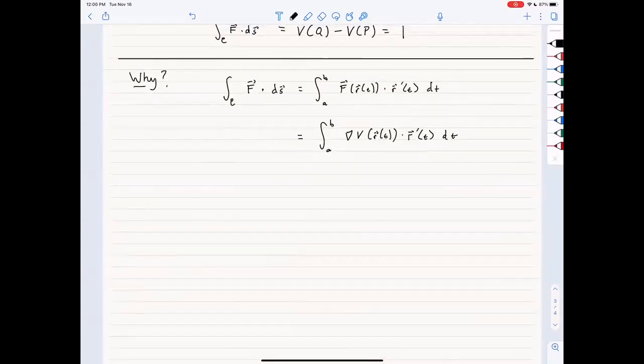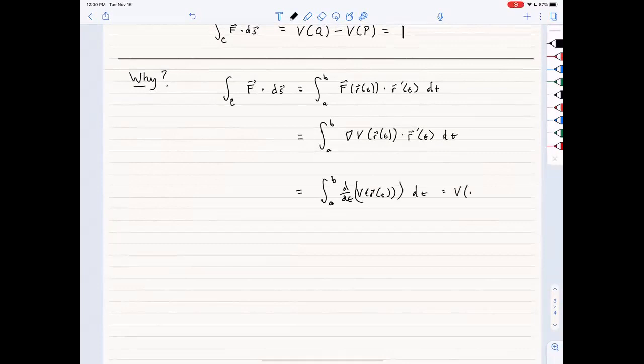So this is just the integral from a to b of the derivative of v of r of t, dt. And now you have the fundamental theorem of calculus, because it's just an ordinary one variable integral.